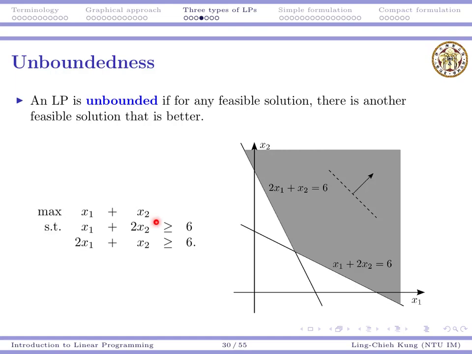Or if you look at the graph here, you draw one isoprofit line, and then you can see that the direction that you want to push to is unbounded. You have an unbounded improving direction, and that's why this LP is unbounded.